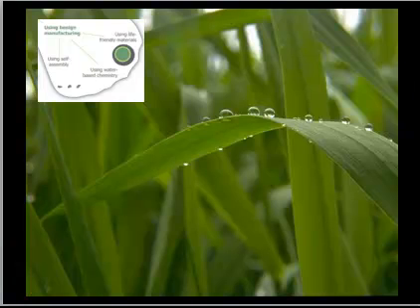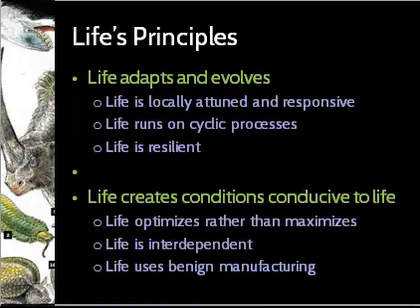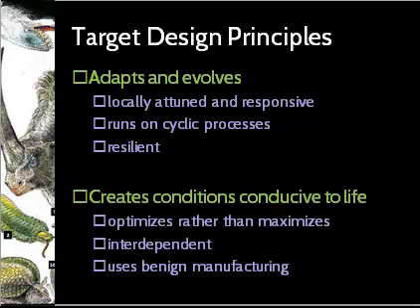Okay, so in the last lesson we talked about how following just a couple of these life principles results in a much more sustainable design, right? So just even following a few of the life's principles will result in a much more sustainable design. So when you evaluate a design against life's principles, you'll have a much greater capacity to understand sustainability, look at it in new ways, and then hopefully drive innovation.